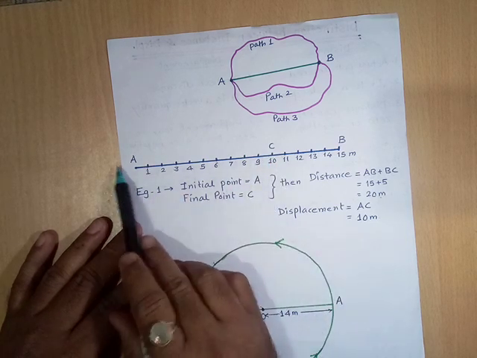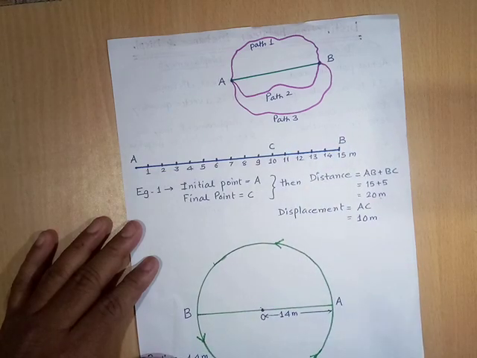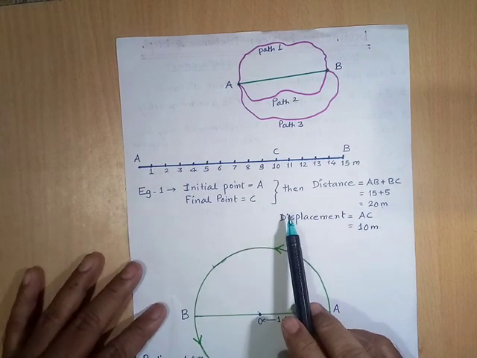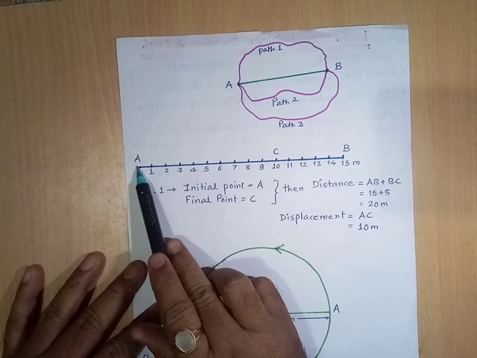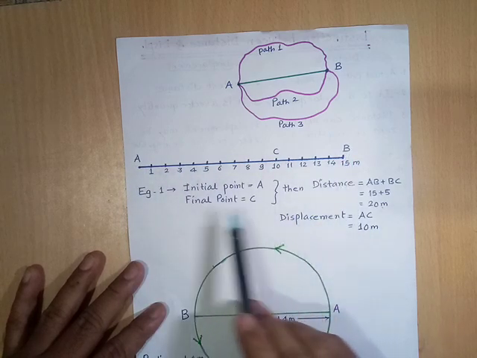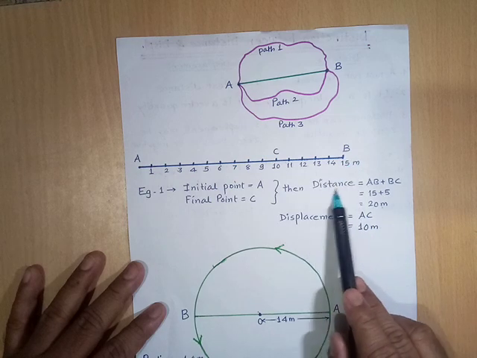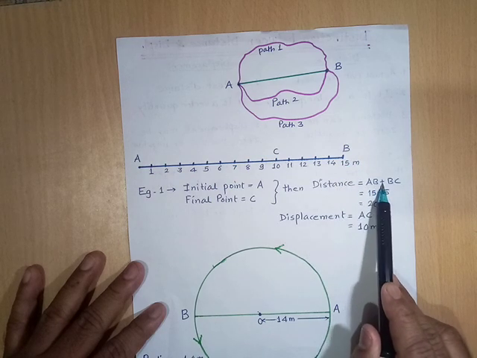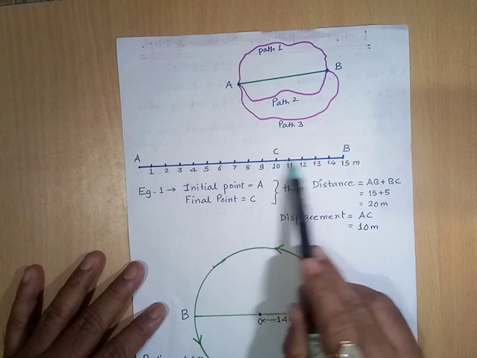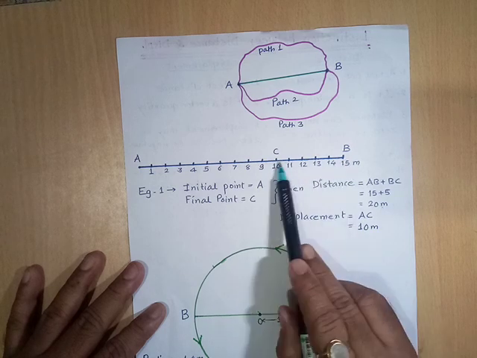So now, if we want to discuss the distance and displacement of the object, the distance can be stated like this. First, the object starts from A to B, so I write the distance as AB, plus now from B to C, the object covered this much distance over here.